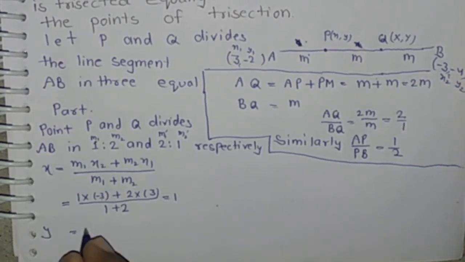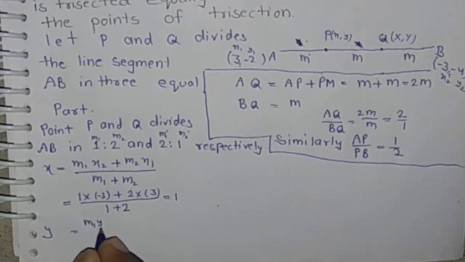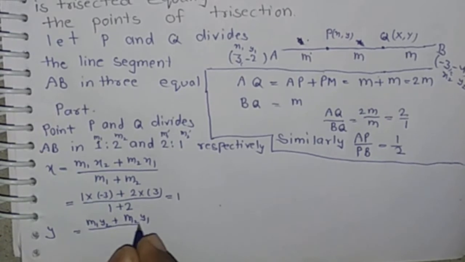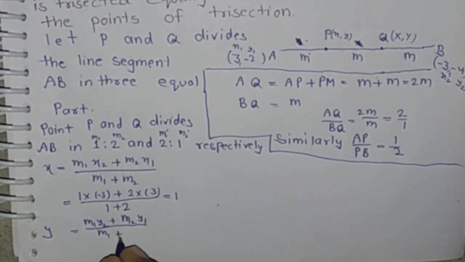And y is equal to (m1 y2 plus m2 y1) by (m1 plus m2).